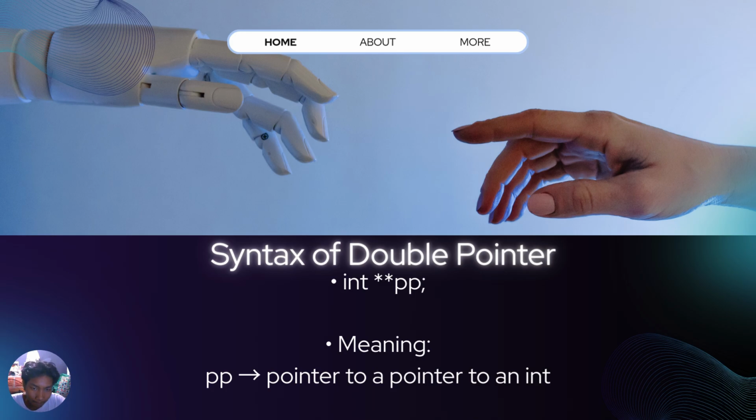If x equals the actual variable and p equals pointer to x and pp equals pointer to p, then *pp gives the value of p, and **pp gives the value of x. So double dereferencing is needed to get the original value.